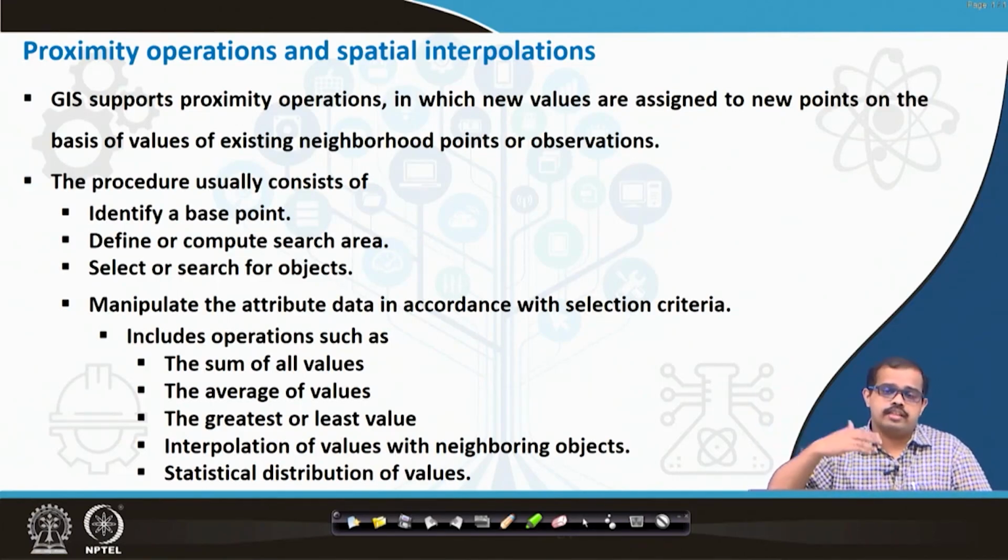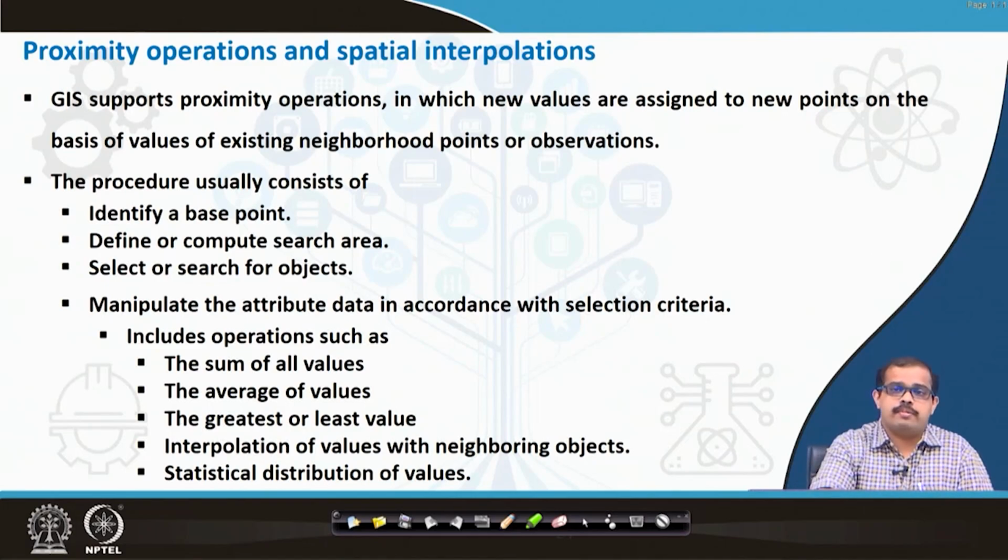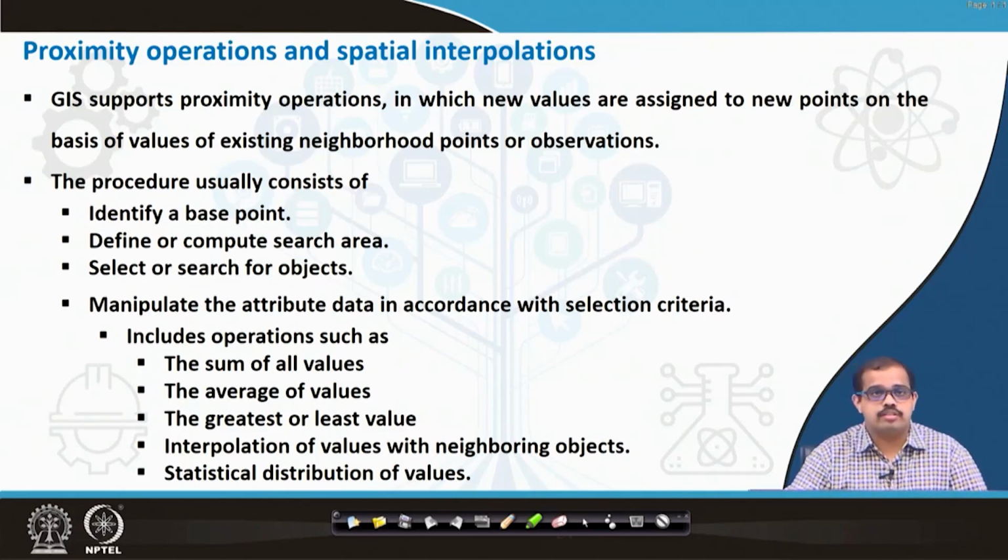So, let us say you have 2 or 3 catchments of that particular water body there. So, you have rainfall data, then you will find out what is the amount of water availability in that particular region, then you will find out what may be the water availability in the summer season with vegetation and what may be the water availability without vegetation or with specific vegetation. So, that is how different kinds of analysis can be done. So, that is where your proximity analysis is essentially useful.